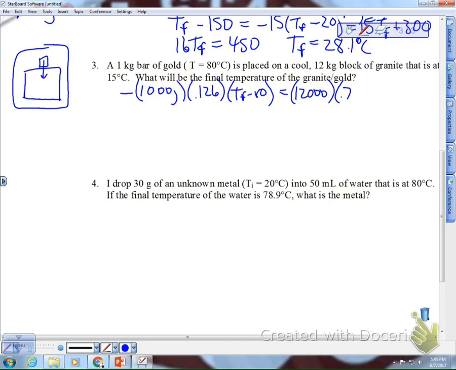With that much mass, we can go ahead and speculate that there's not going to be a lot of temperature change in the granite. There's just too much of it. TF minus 15. Now, what I suggest you do is hit pause, work through this algebra, and see if you can match the answer. It's going to be no new tricks here, so just hit pause and see how you do.